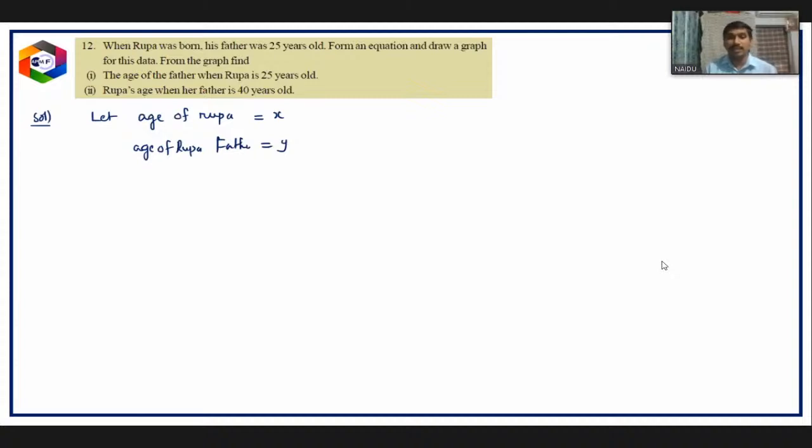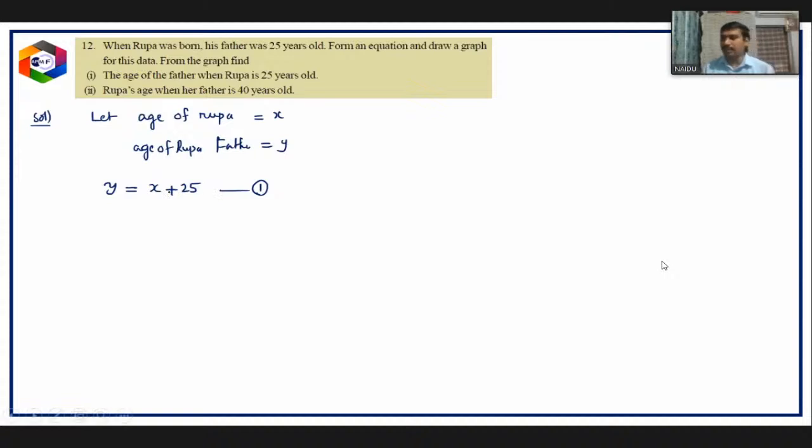That means there is a gap of 25 years: the father is 25 years more than Rupa. More than means plus. So the equation is y equals x plus 25. It's a simple equation. Since x is the age of Rupa, adding 25 gives the father's age. So we get a linear equation in two variables.